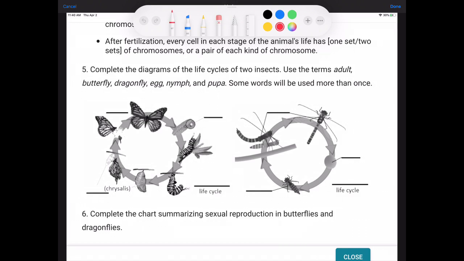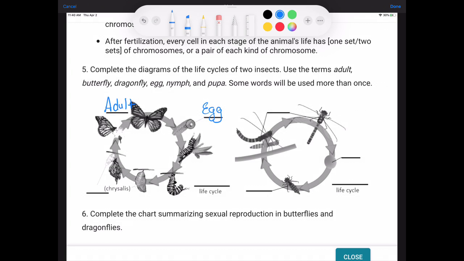So this page is asking you to complete the diagrams. So you had to label the diagrams for the different life cycles of the different animals. So let's look at the butterfly first. We can start from the adult. So that's the full-grown butterfly. Actually, let's start over here at the egg. So we have the egg.